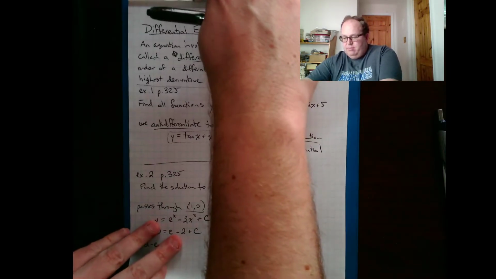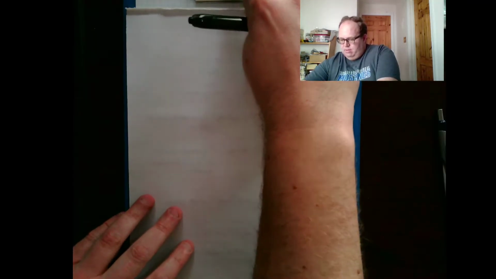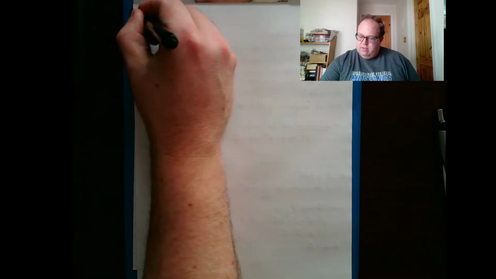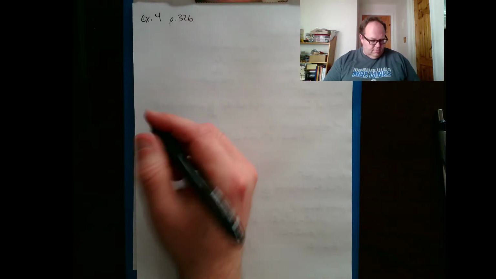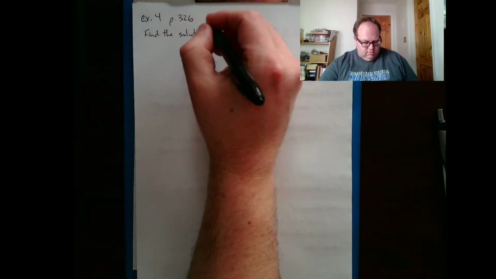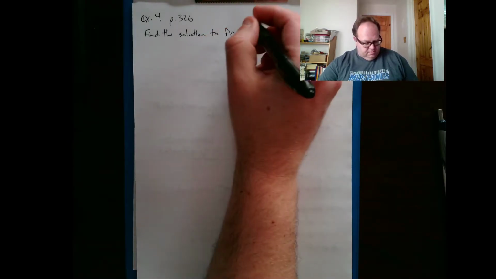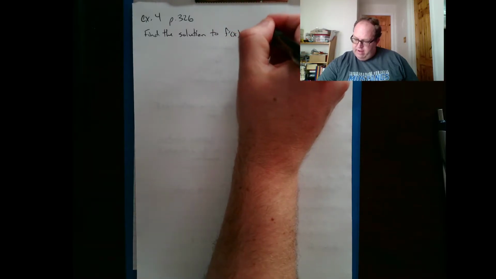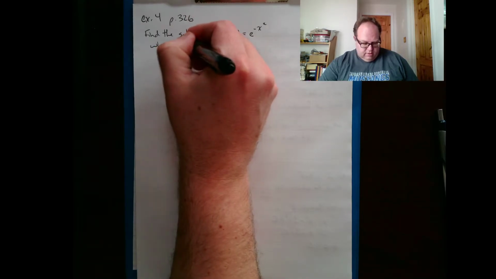Now, sometimes it's easier to leave things a bit more general, which we'll see in the next example. This is example 4 off of page 326. And we're asked to find the solution to f prime of x equals e to the negative x squared, where f of 7 equals 3.